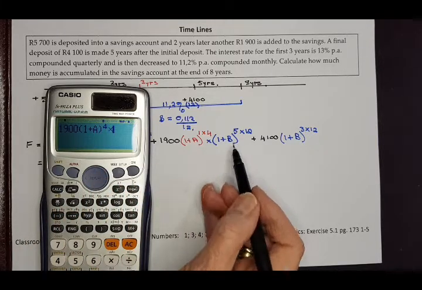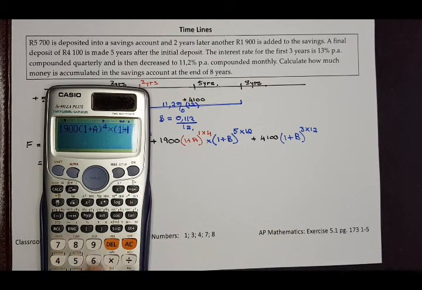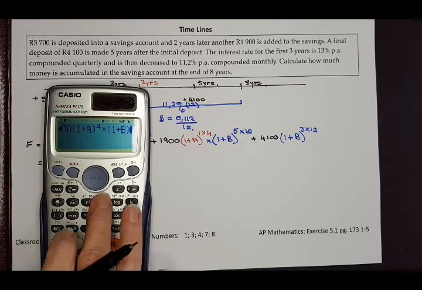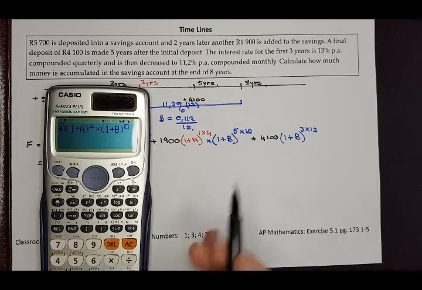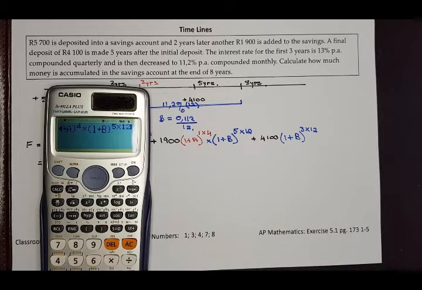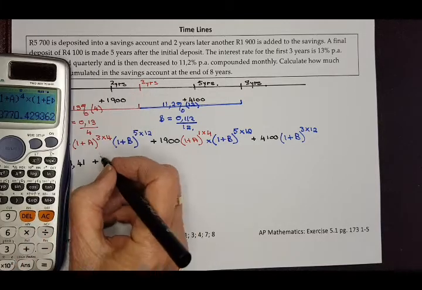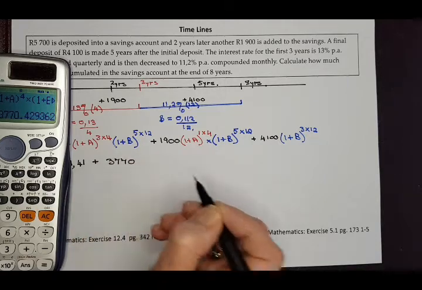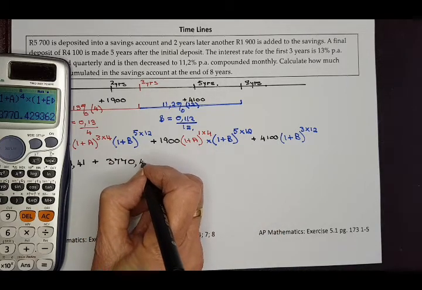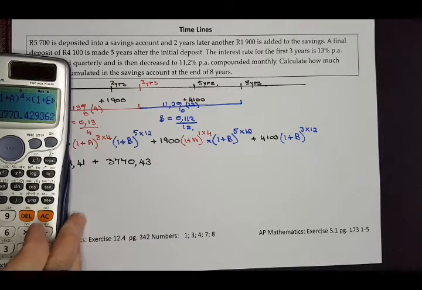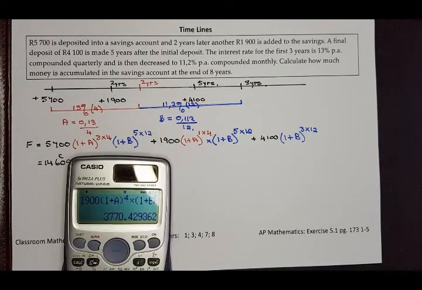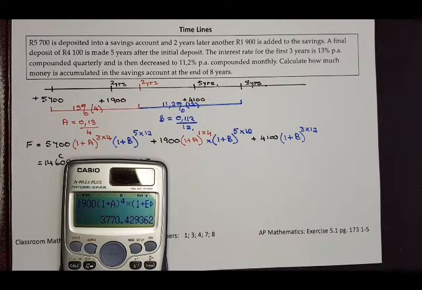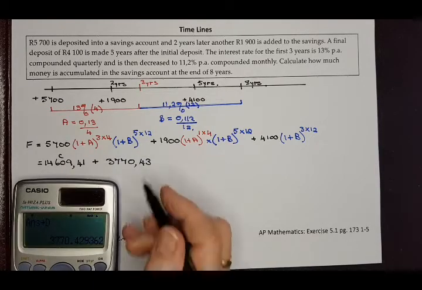We are multiplying that by 1 plus alpha B close bracket raised to the power of 5 times 12. And again, I'm going to work that out. And this becomes 3,770.43. Shift, store, D. I'm putting that in memory D.